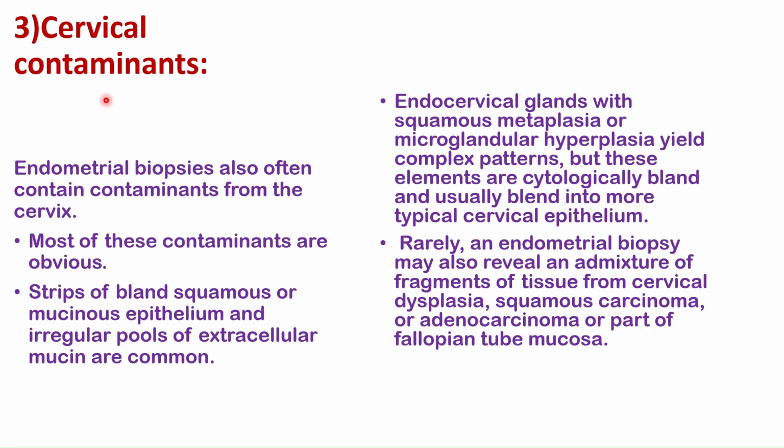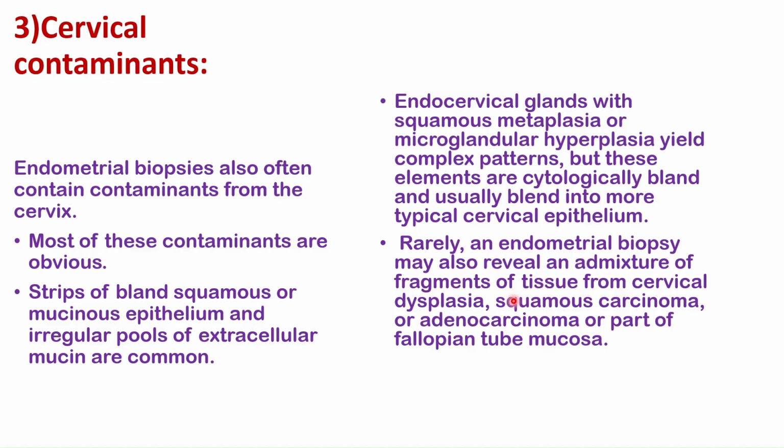Third, cervical contaminants. These are common, and strips of bland squamous or mucinous epithelium and irregular pools of extracellular mucin are common. So endocervical glands with metaplasia or hyperplasia yield complex patterns, but these elements are cytologically bland and usually blend into more typical cervical epithelium.